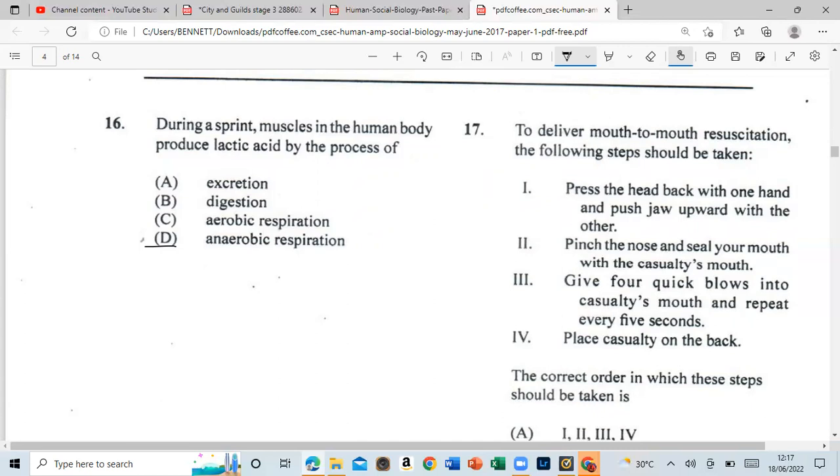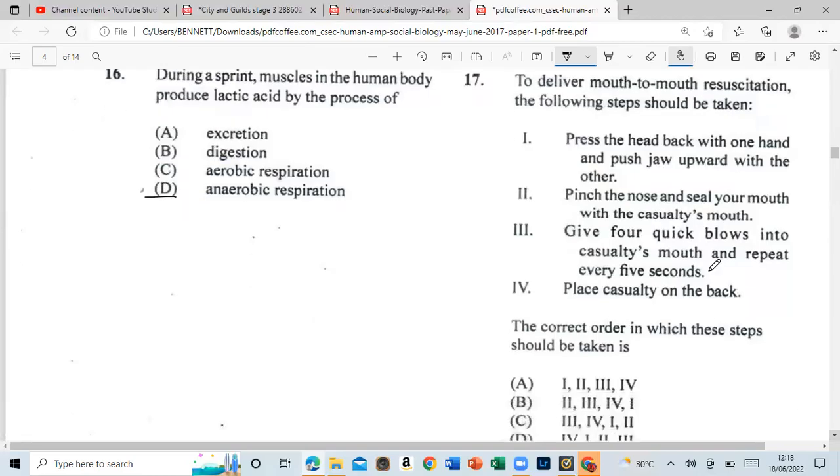All right, so 17 says, to deliver mouth-to-mouth resuscitation, the following steps should be taken. 1: press the head back with the hand and push the jaw upward with the other. 2: pinch the nose and seal the mouth with the casualty's mouth. 3: give 4 quick blows into the casualty's mouth and repeat every 5 seconds. 4: place the casualty on the back. And let's see what they ask us, because it's the correct order in which these steps should be taken.